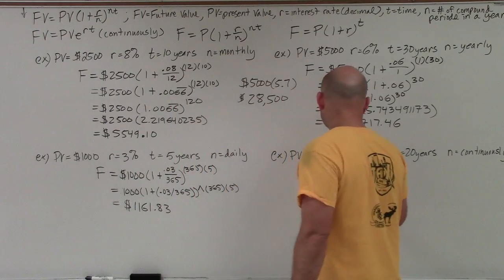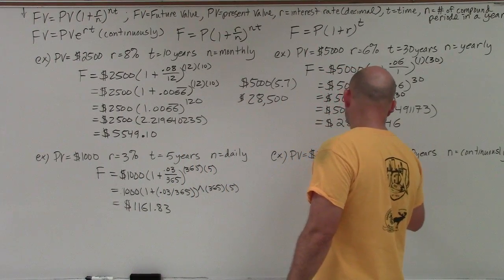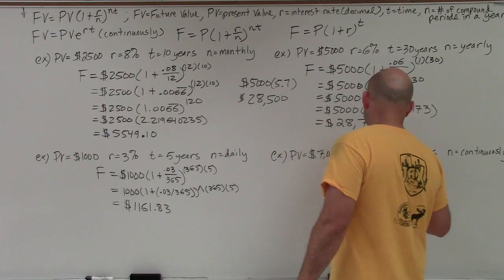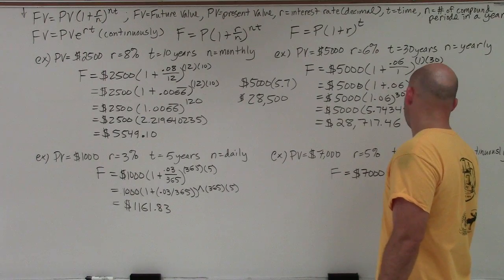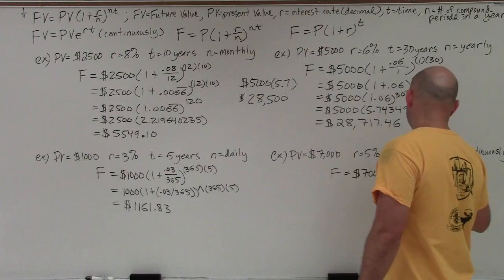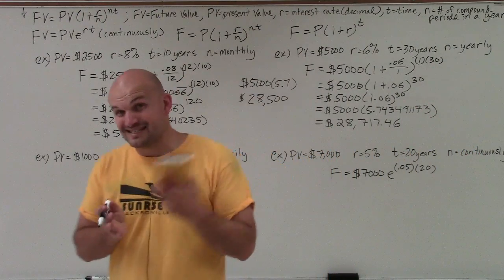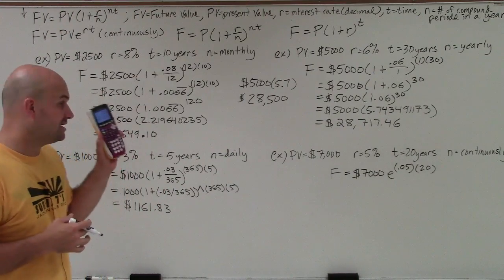So I have final value, which I don't know. My present value is 7,000 times E raised to the R, which is 0.05, times T, which is 20. Now, for this, there is an E button in your calculator, as well as an E raised to a power that you're simply going to use.